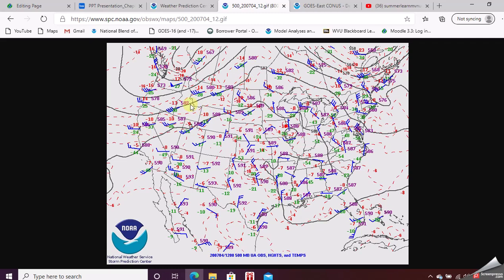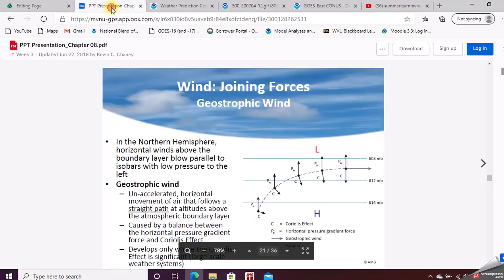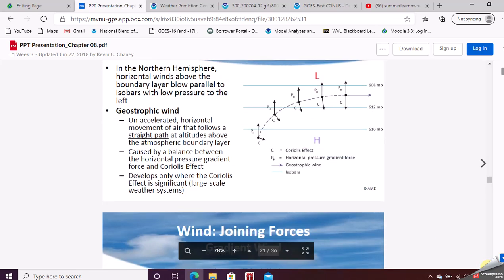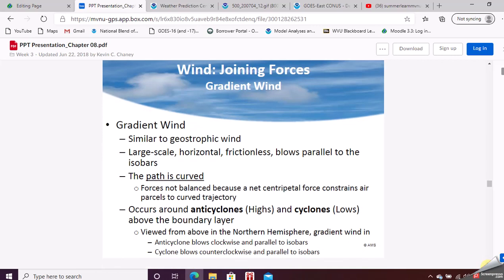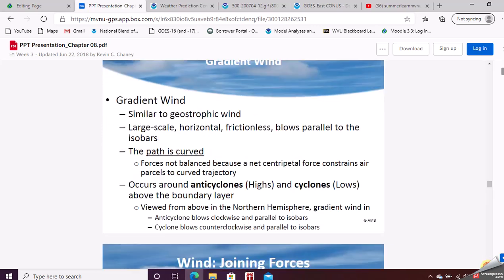They're blowing parallel to them, not across them, parallel. That's because they're in geostrophic equilibrium. So this is an example of that geostrophic force. So if we continue on from this now, there's a gradient wind. Gradient winds are when things move in a circle or around a curve.